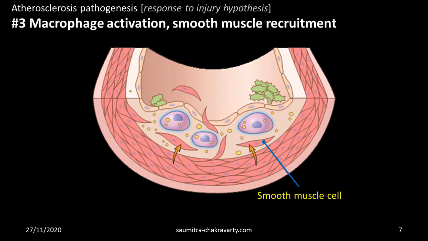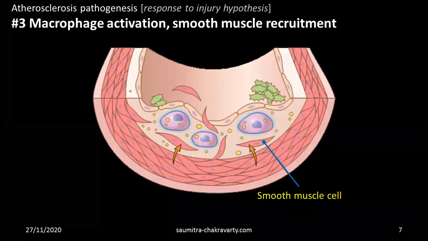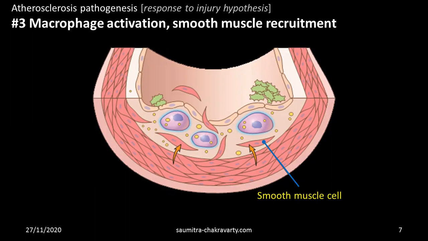Also, some of the smooth muscle cells migrate from the tunica media. Once it was thought that the source of smooth muscle cells within the atheroma centre comes solely from the tunica media. But later it was found that a good proportion of those smooth muscle cells also come directly from blood in the form of monocytes and then get transdifferentiated.